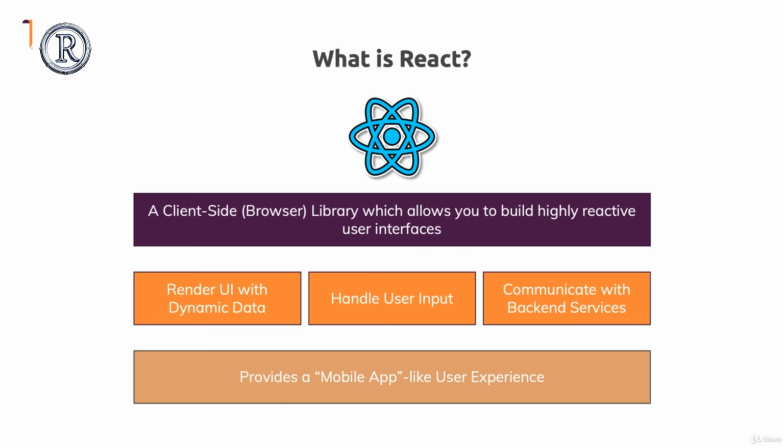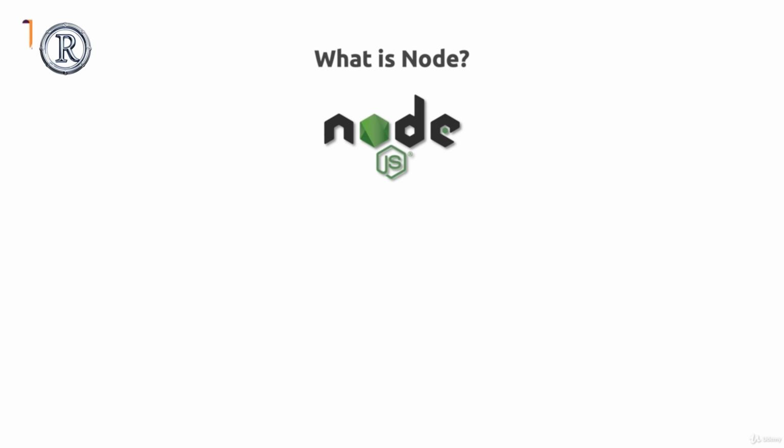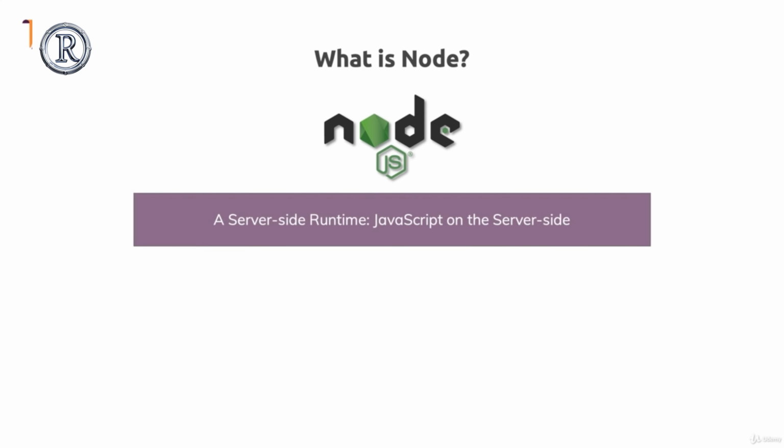Now what about the other technologies? What is Node exactly? It's a JavaScript runtime typically used or often used to create server-side JavaScript applications. Now, technically, that's not the only thing you can use it for, but it is one of the most prominent use cases and scenarios. You can use Node.js to execute JavaScript outside of the browser.